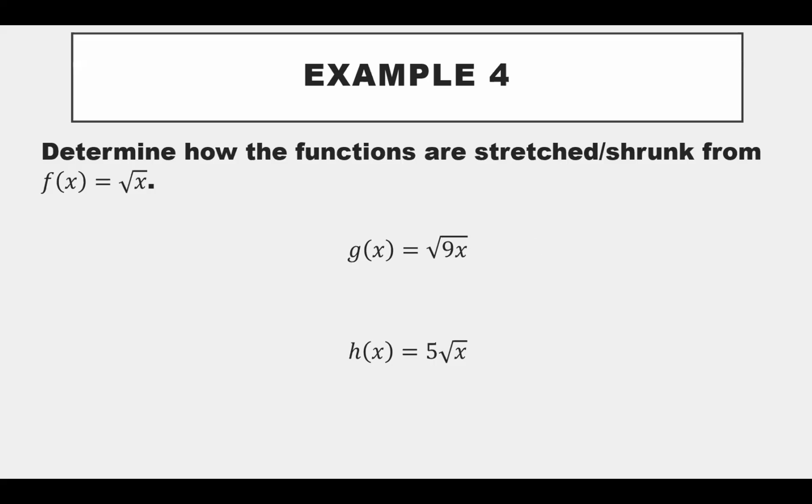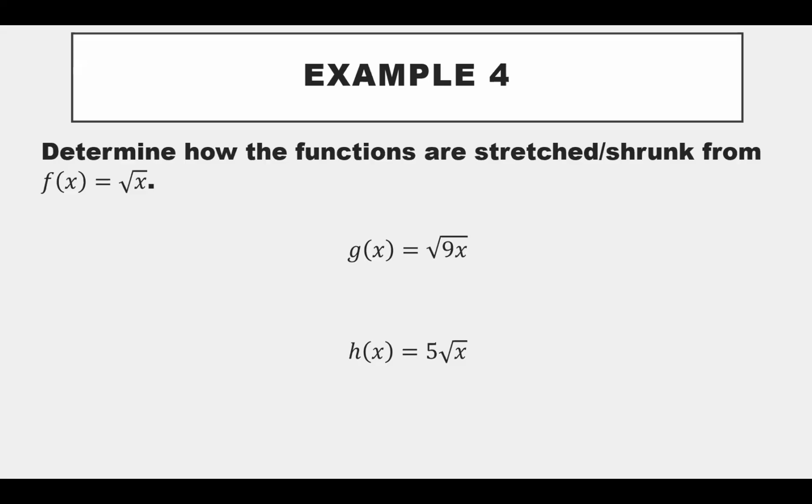Let's take a look at our function f of x is equal to the square root of x. That's our base function. And let's determine how these two functions are stretched or shrunk from f of x equals the square root of x. We'll just say stretched/shrunk by a factor of, and then whatever the number is.